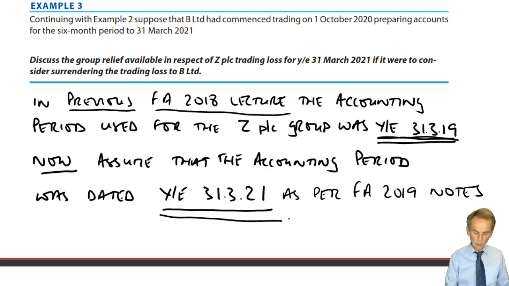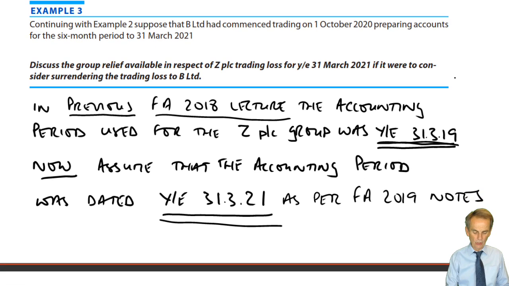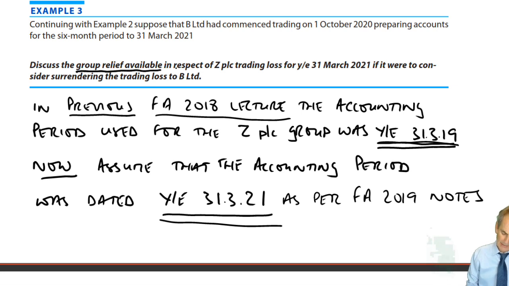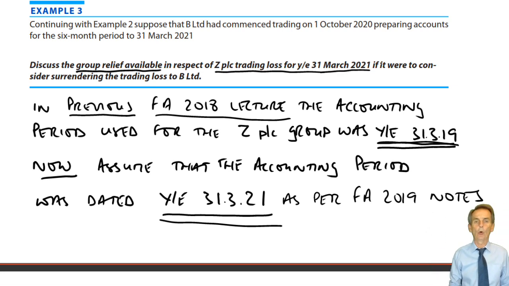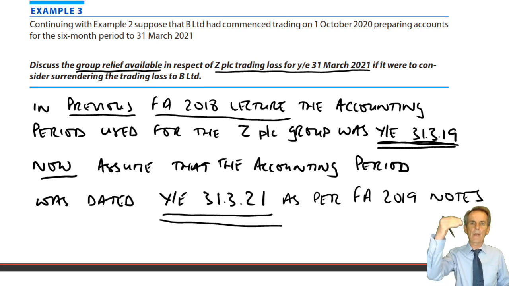Okay, so what is example 3 asking us to do? Discuss the group relief available in respect of ZPLC's trading loss for the year ended 31st of March 21. Again, we were told that for that accounting period, in example 2, Z had made a trading loss. We then looked at a fairly strange group structure where we went from direct to and then further indirect subsidiaries.